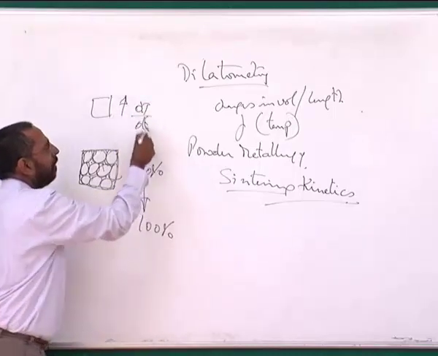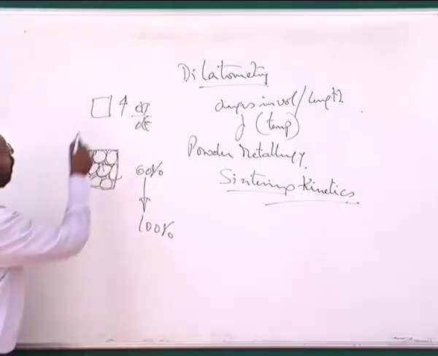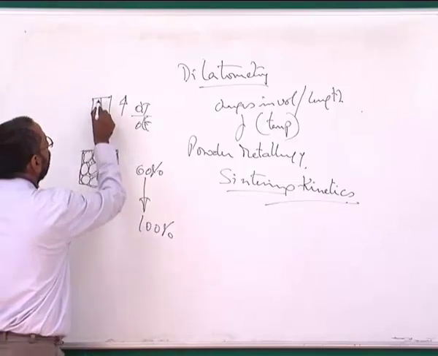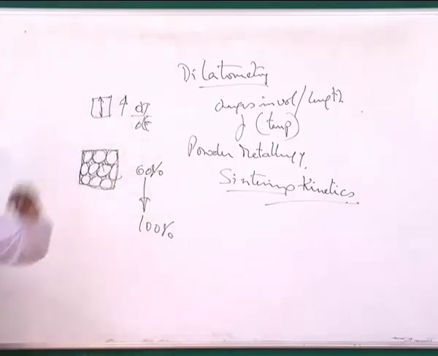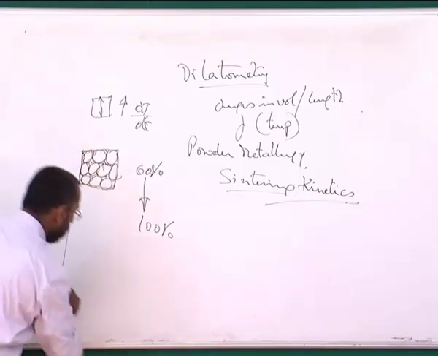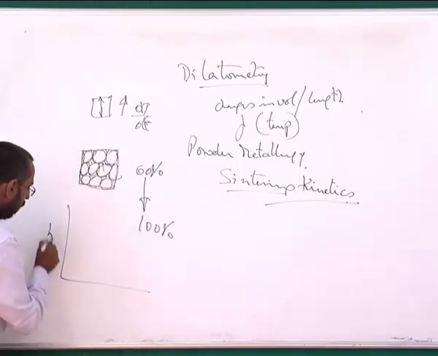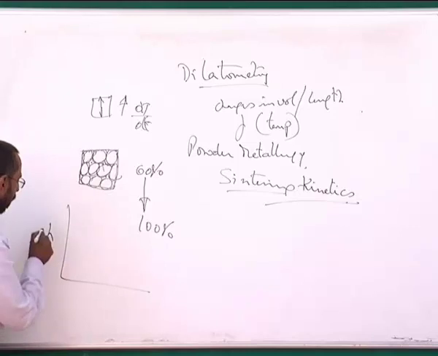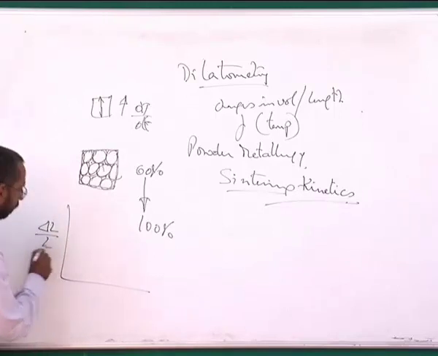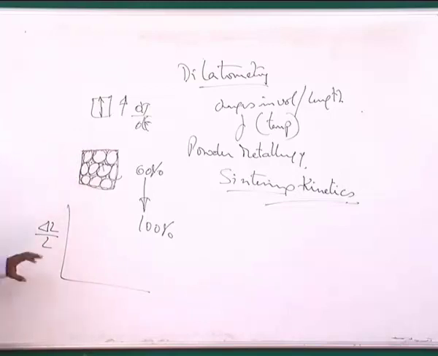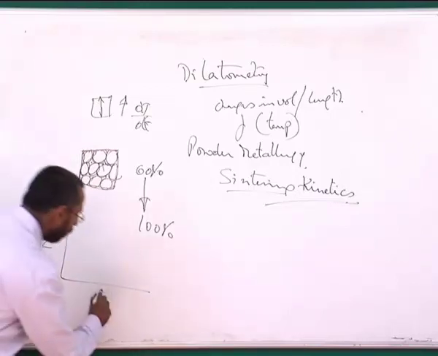Then as a function of temperature, you measure how the height of the sample is changing, and plot the H, or people also plot delta L by L, the change in length versus the original length, as a function of temperature.